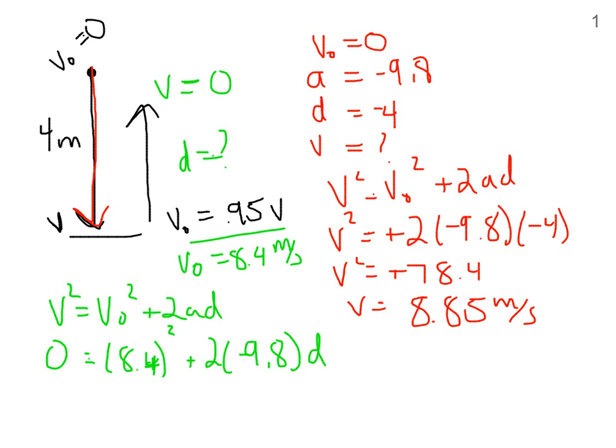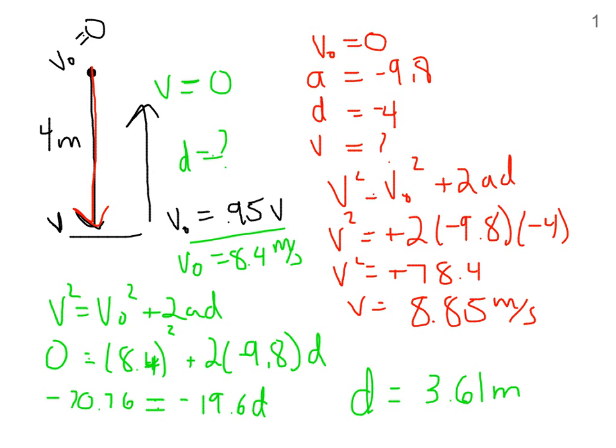8.4 squared comes out to be 70.76. If I subtract that to the other side, I have negative 70.76 equals negative 19.6D. We're going to divide by the 19.6, and I figure out that it bounces up to a height of 3.61 meters.